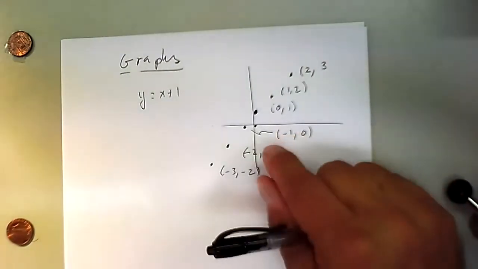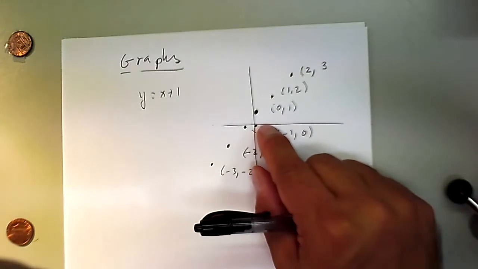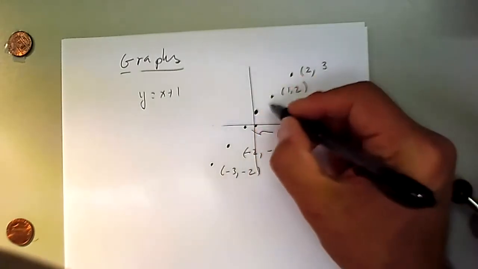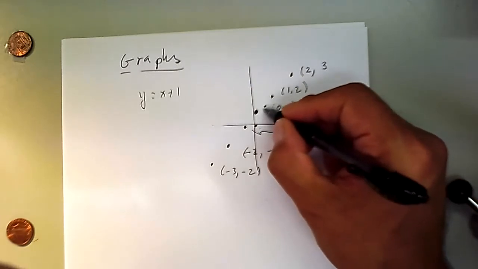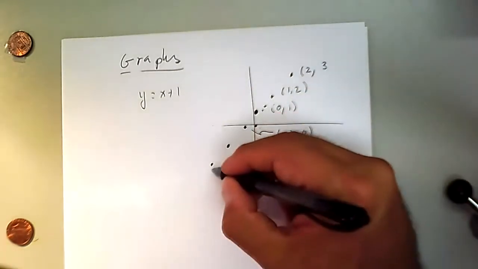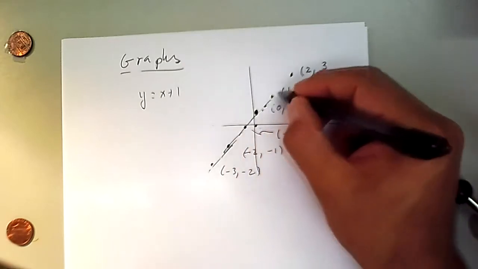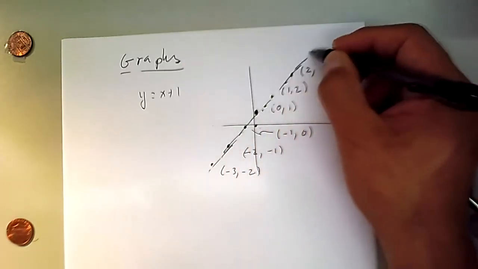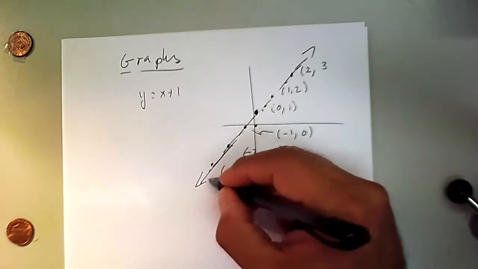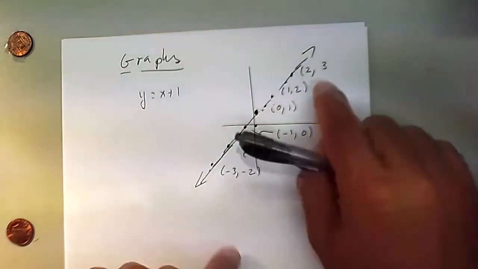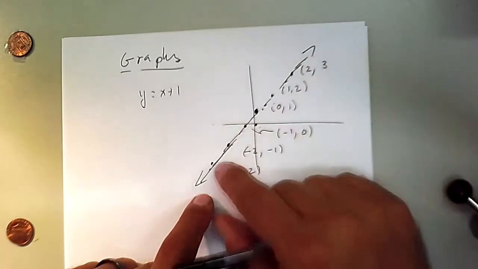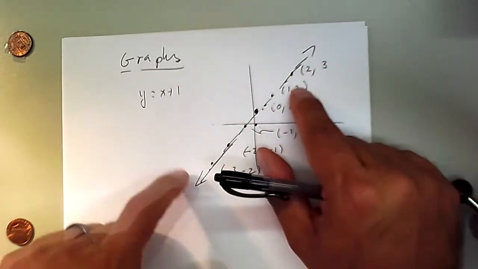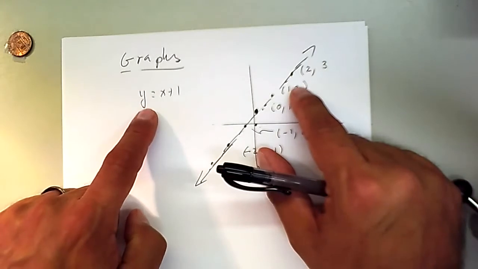And we have every point in between, because we could have (0.5, 1.5), which would be here, and so forth. So eventually we get all the points on this line, every single point on that line. So we put arrows indicating that this pattern continues on and on. All right, so this is the graph corresponding to this relation.